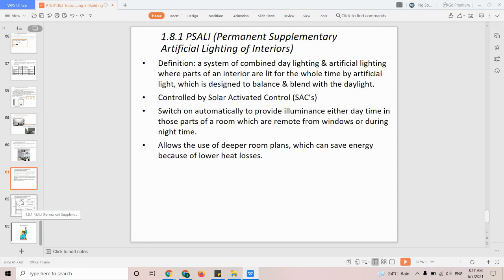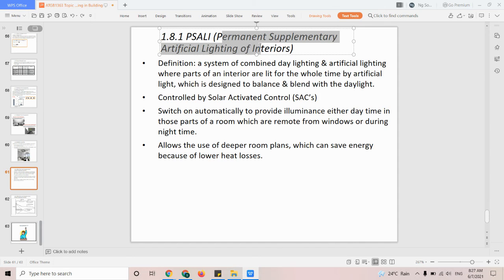Okay, when it comes to a commercial building, we have something called PASLI, which is permanent supplementary artificial lighting of interior. This is actually a system of combined daylighting and artificial lighting, where parts of an interior are lit for the whole time by artificial light, which is designed to balance and blend with the daylighting. It's controlled by a solar activated controller.